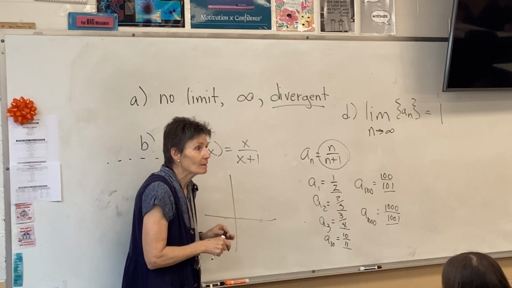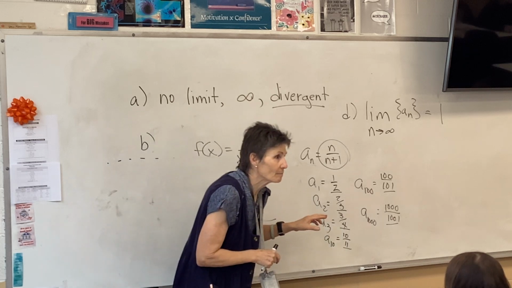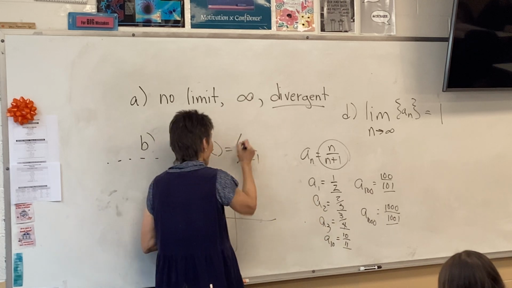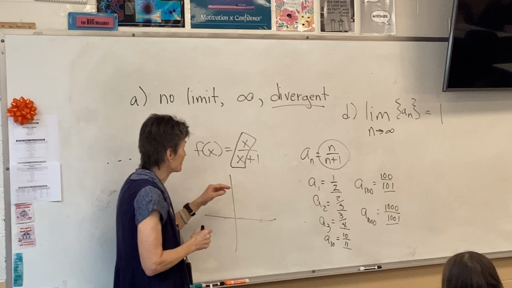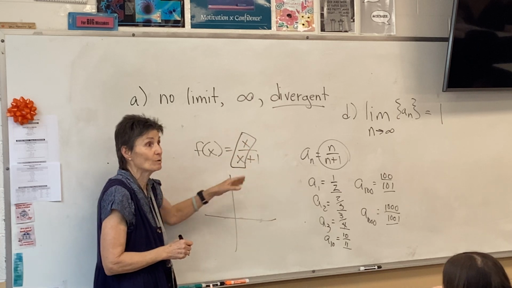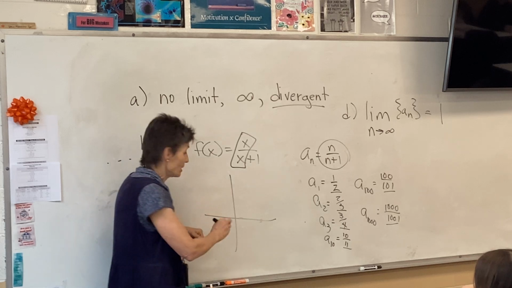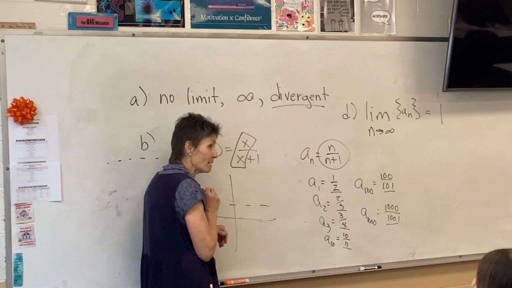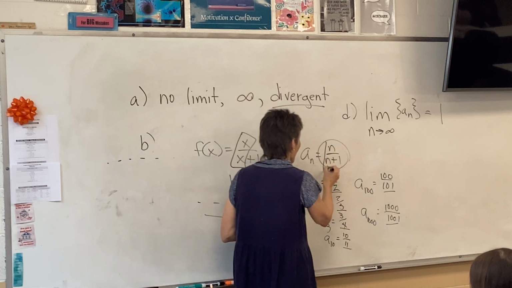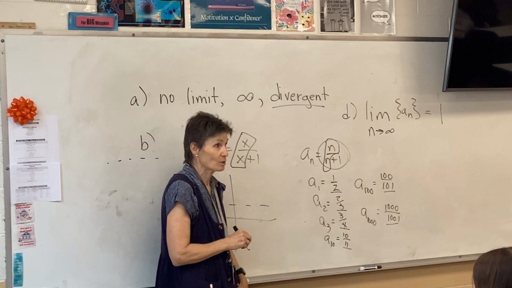Not just the bottom. You use the x's, we boxed them in, that might be what you said, Ashley, I'm sorry. We boxed them in. So where would the horizontal asymptote of this problem be? 1, that's the limit. So you're gonna find the limit the same way that you find the horizontal asymptote.